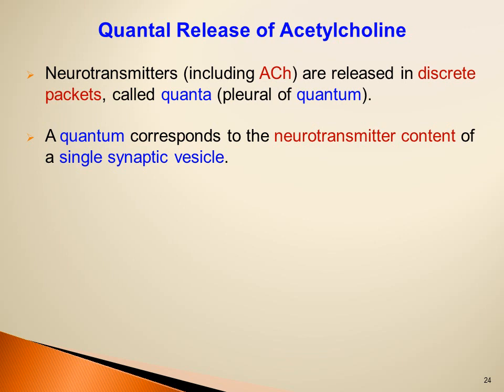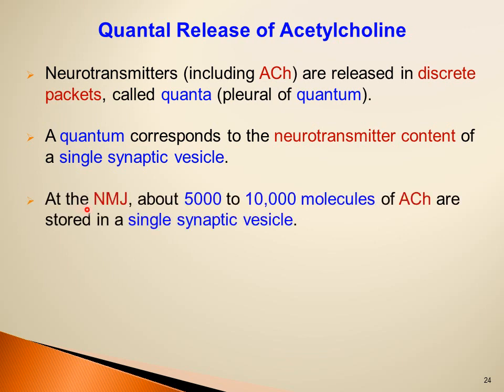As I previously explained, at the neuromuscular junction, one synaptic vesicle contains about 5,000 to 10,000 molecules of acetylcholine. So the quantum is about 5,000 to 10,000 molecules of acetylcholine, which is the content of a single synaptic vesicle.